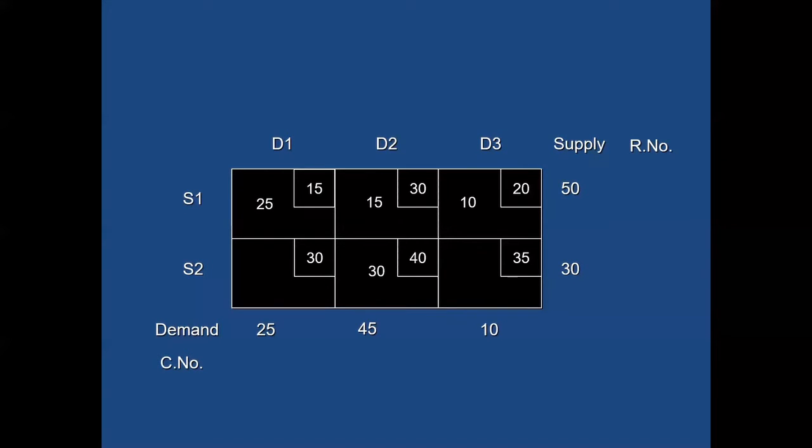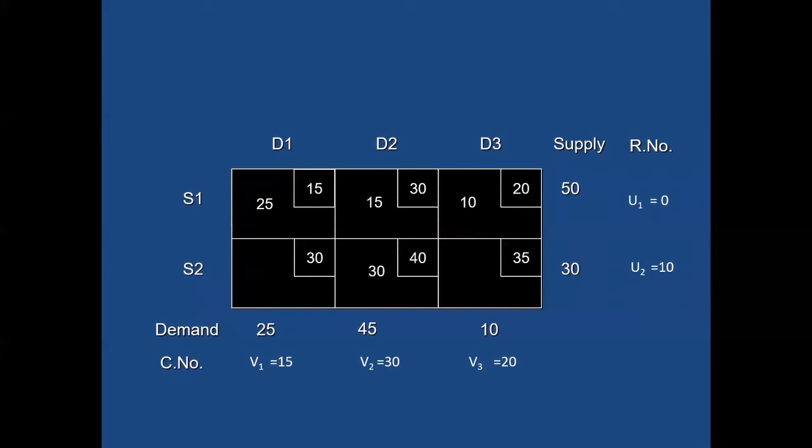Again, check whether it is a feasible solution by counting the number of allocated cells, which is 4. And again, m plus n minus 1 is also 4. So it's a feasible solution. Find out the values of u's and v's again. So I'll quickly find out the values here. So my new values, after assigning u1 equal to 0, I'm getting these values here.